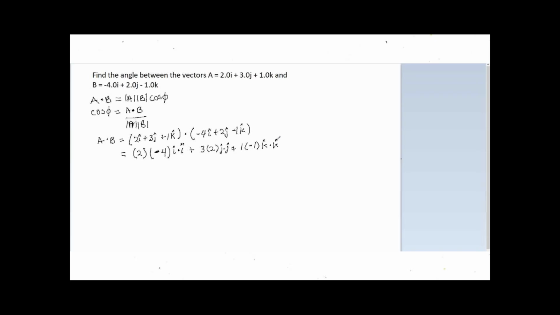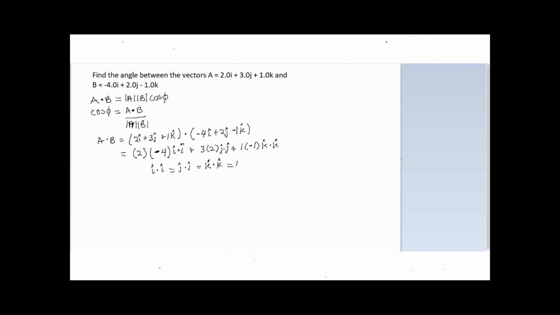Now we know that i dot i is equal to j dot j, equal to k dot k, and this is equal to 1.